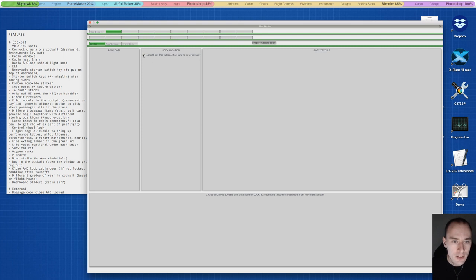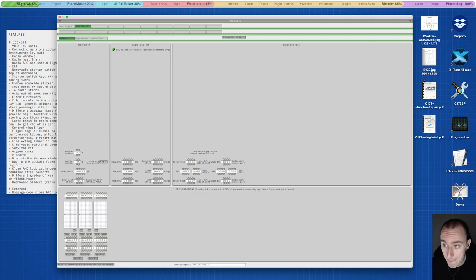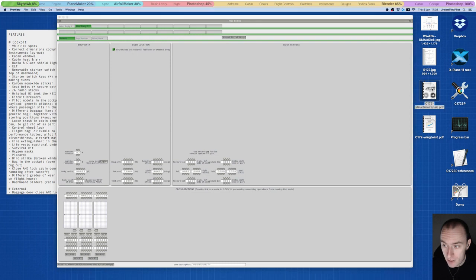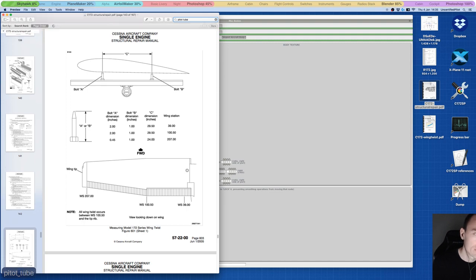Aircraft has an external body. It has numerous, but first, body radius. So what is the body radius of the Pitot tube? Structural repair. Perhaps we find it here. I don't even know. Pitot tube.